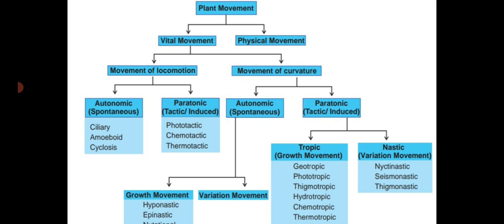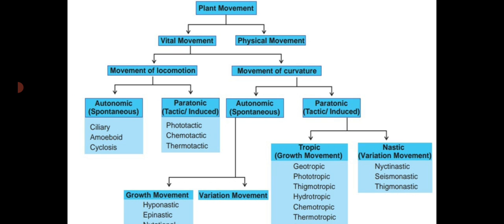Example, ciliary, amoeboid and cyclosis. Paratonic, example, phototactic, chemotactic and thermotactic. That means based upon the light, chemo means chemical, thermo means temperature. The movement of curvature is again divided into autonomic and paratonic.